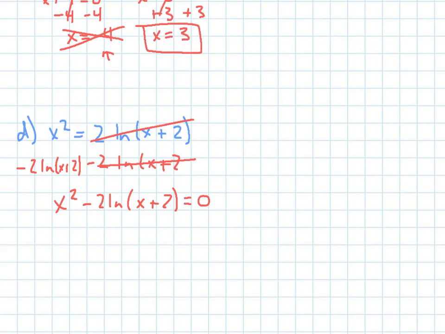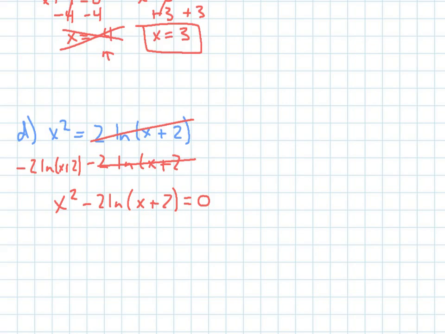Okay? Now, here, there are no tools in our toolbox to be able to figure out what solutions make it equal to 0 for x. Okay? So what we have to go to is our graphing calculator.